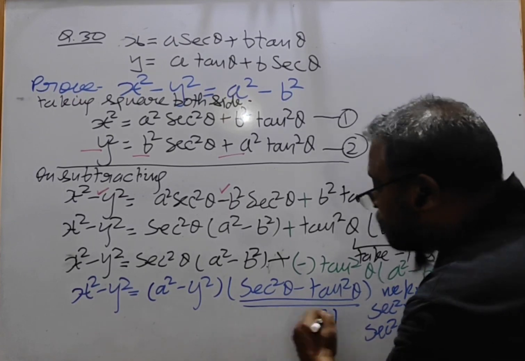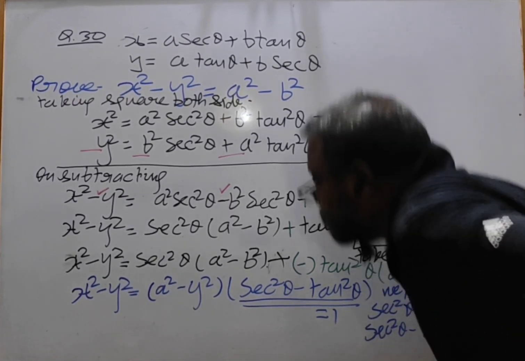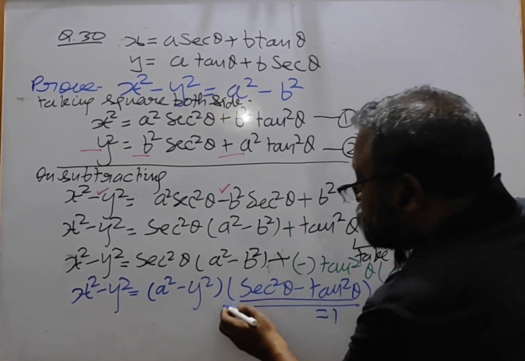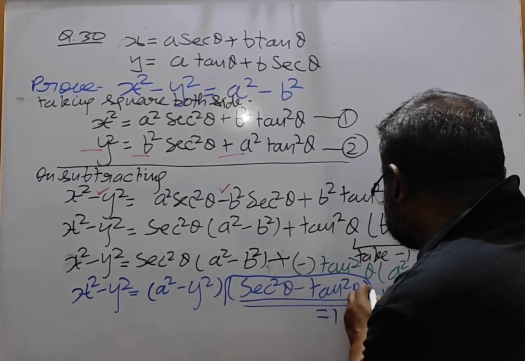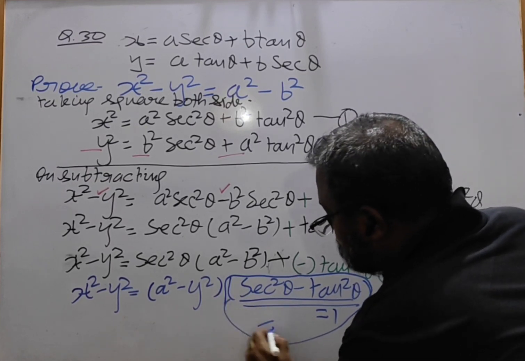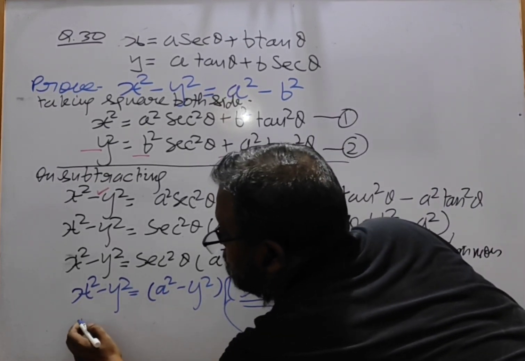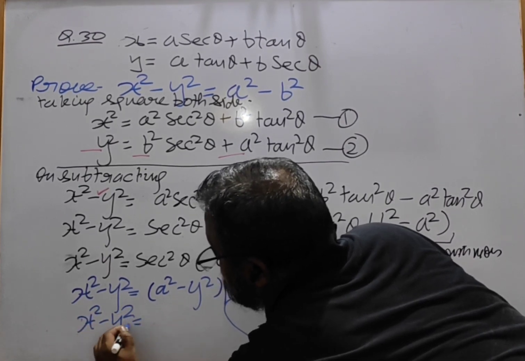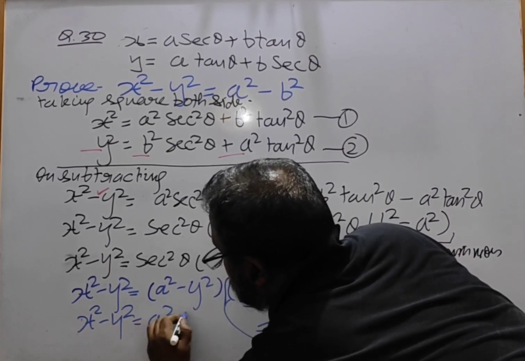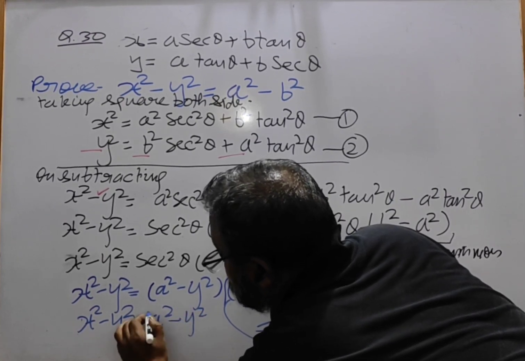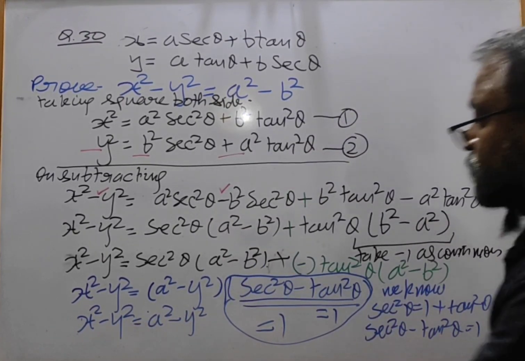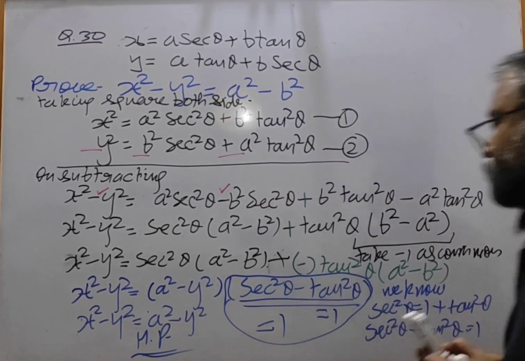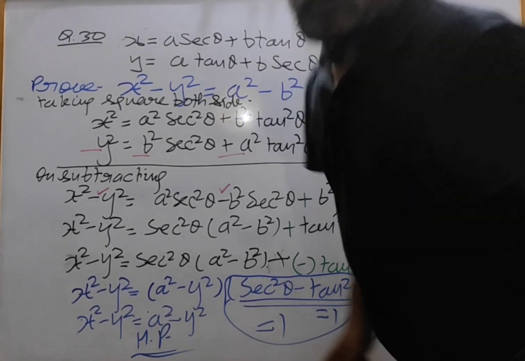So we put here 1, so this is multiplied by 1, and this whole turns to be 1. As a whole we get x square minus y square is equal to a square minus b square. Get it? So hence it is proved. I hope you understand.